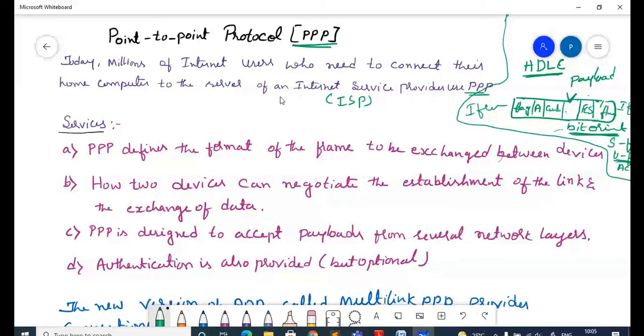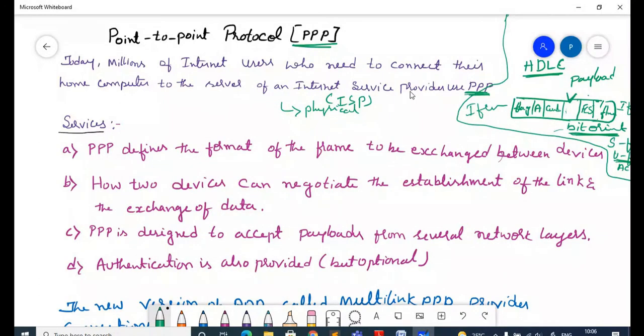That is with respect to the physical layer. When it comes to the data link layer, the framing format and all is taken care of by the point-to-point protocol. Nowadays, all the devices, like my device or your device, are connected to an internet service provider through which you are able to access the internet.